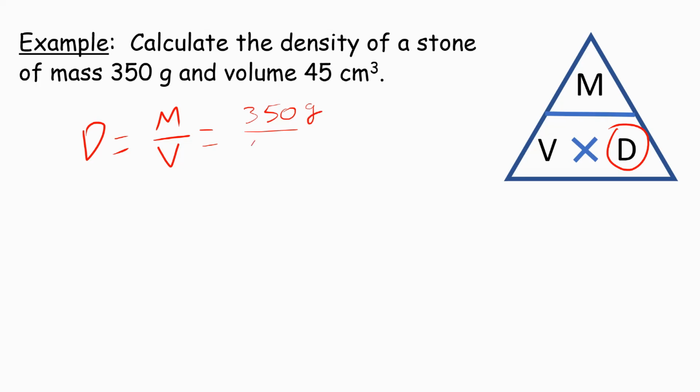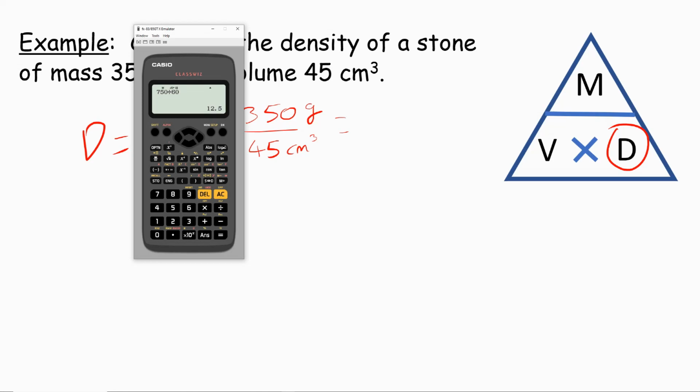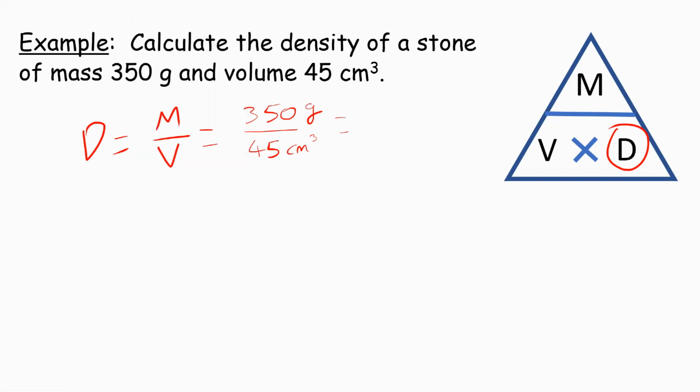It's 350 grams, 45 centimeters cubed. And we'll just work that out. And that gives us 7.78 or thereabouts. And the units are going to be grams per centimeters cubed.